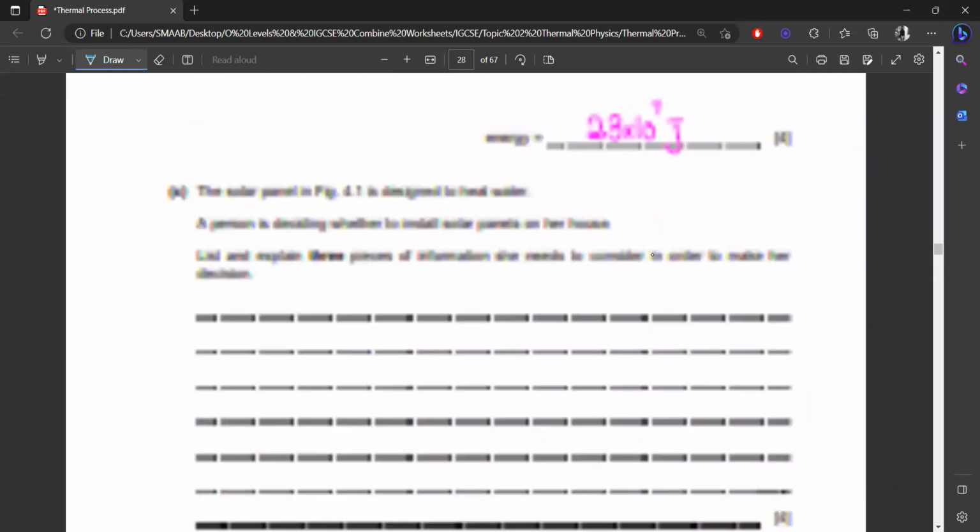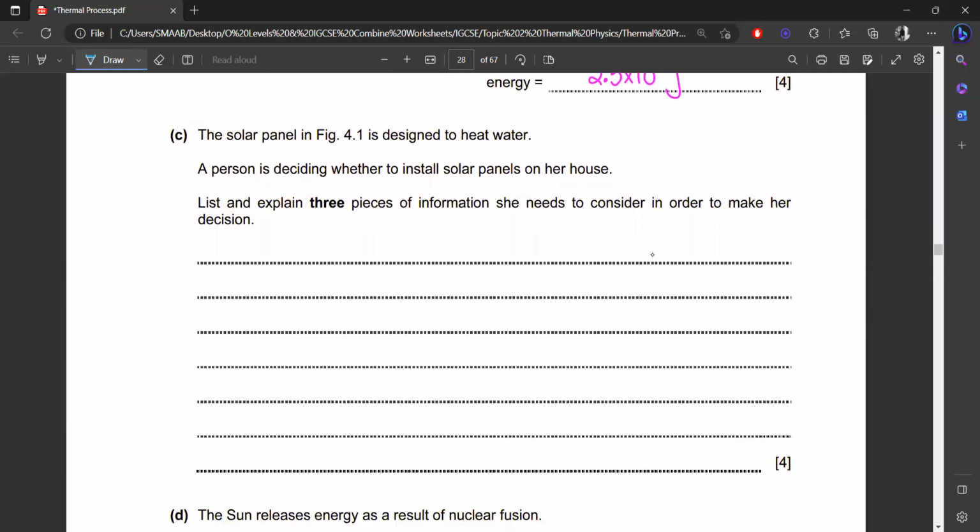So if we check out the other features, let's suppose when we are going to install the solar panel, we have to check in which direction the roof is facing, right? Because for a solar panel, we have to face the sun.